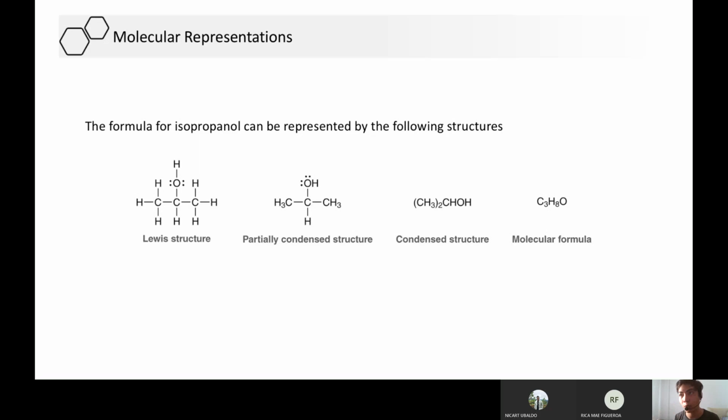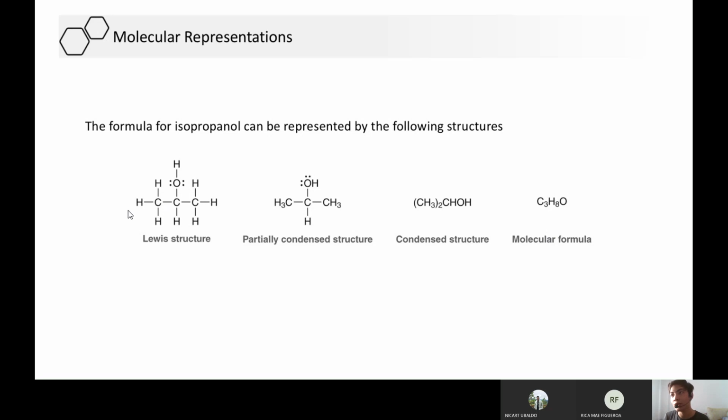We have ways of representing our molecules. We have four, right? So what are those four? First, we have the Lewis structure. What do we have in a Lewis structure? We can see all the atoms bonded, and the lone pairs are represented as well.